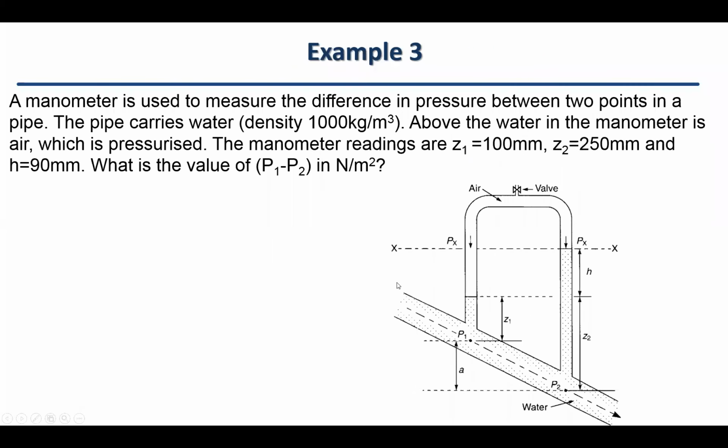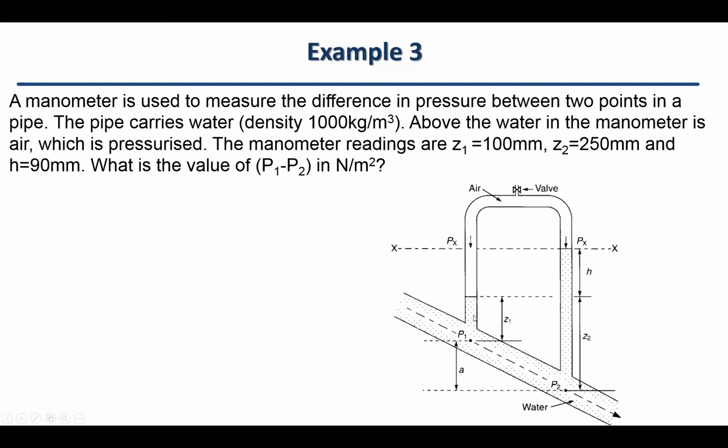We have a manometer used to measure the difference in pressure between 2 points in the pipe. The pipe carries water with a density of 1,000. Above the water in the manometer is air. Okay, it's not oil, which is pressurized.